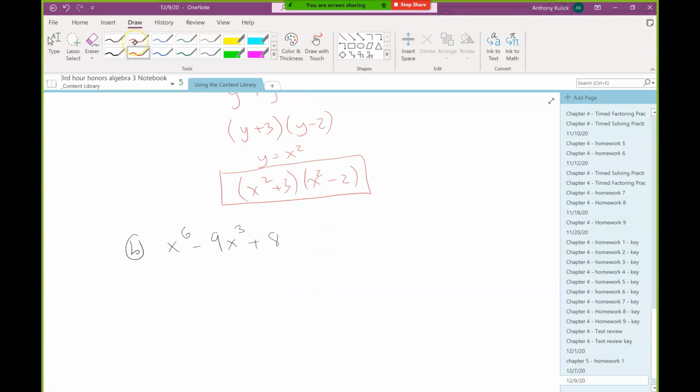Okay. So I have x to the sixth minus 9x to the third plus 8. So again, this looks like it could be in the quadratic form. So I can rewrite x to the sixth as x cubed squared.